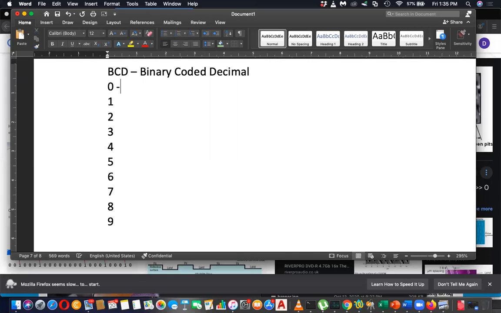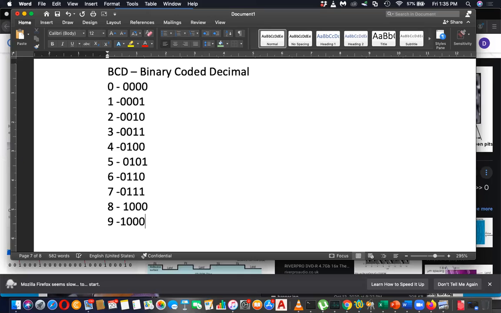These digits are given binary values: 0000, 0001, 0010, 0011, 0100, 0101, 0110, 0111, 1000, 1001. Likewise, for numbers, they have introduced this BCD system.